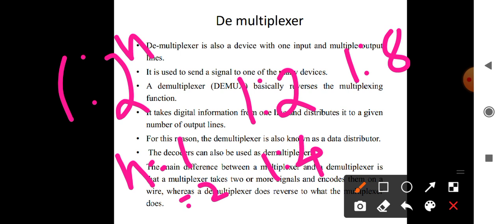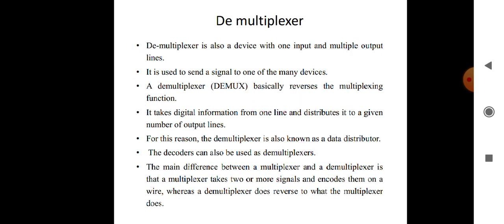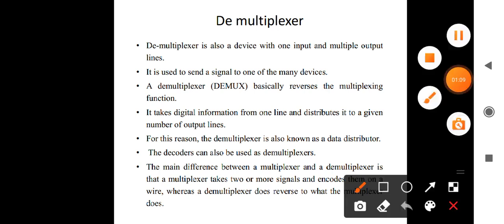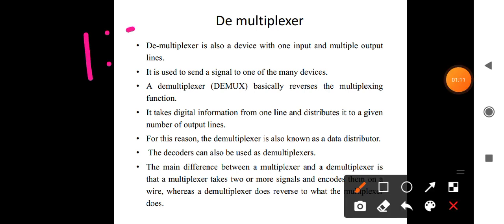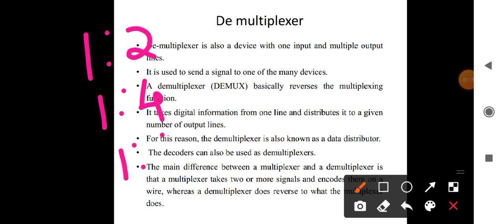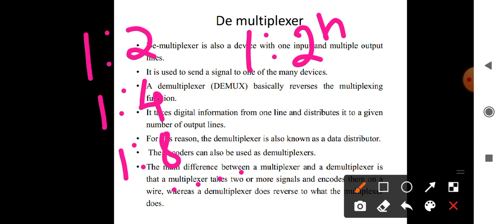So the demultiplexers are of the 1 is to 2 demultiplexer, 1 is to 4 demultiplexer, 1 is to 8 demultiplexer, and so on, that is 1 is to 2 raised to n. So in this case, same as for the multiplexer, n will be the number of the selector inputs.